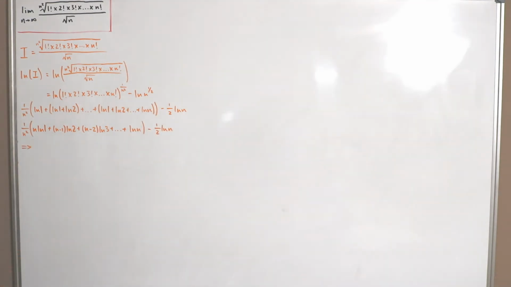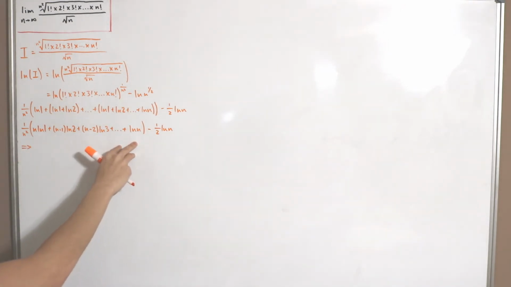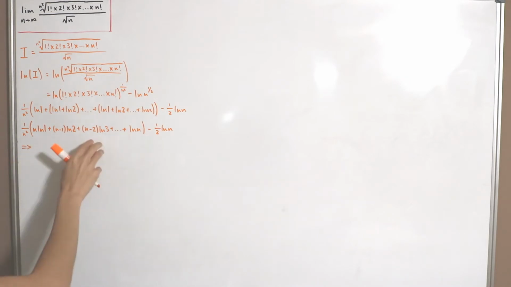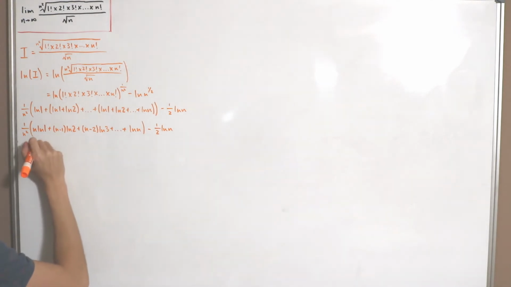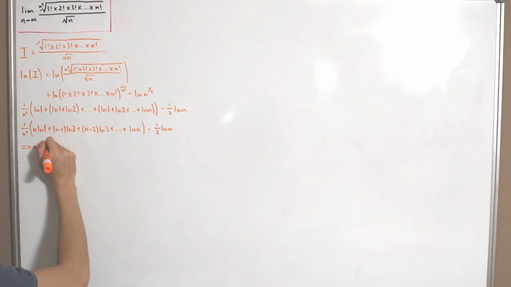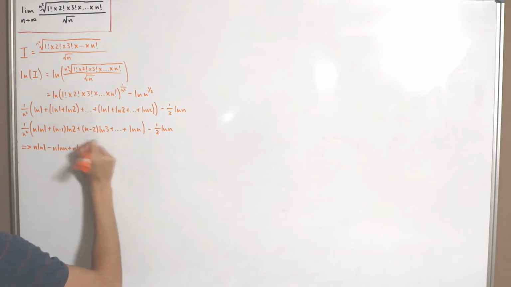The next step is taking a look at just our inside expression. I'm going to add a 0 into the inside expression. Starting with the beginning, the natural log of 1, I'll add and subtract n times ln of n.